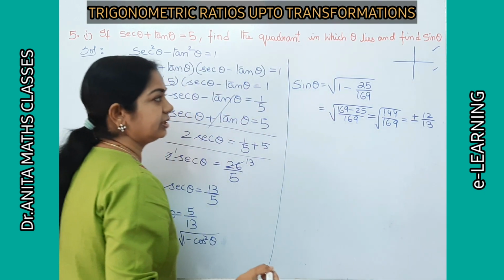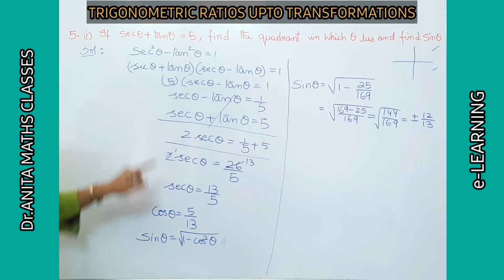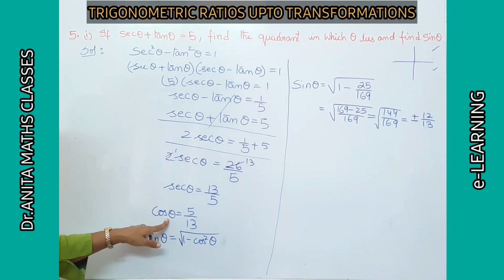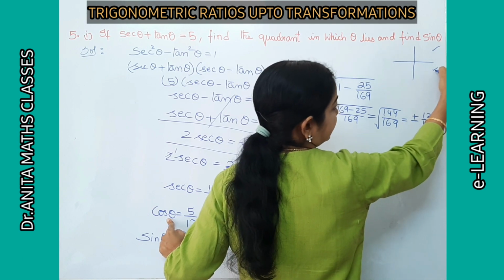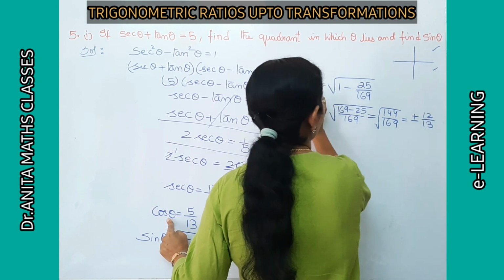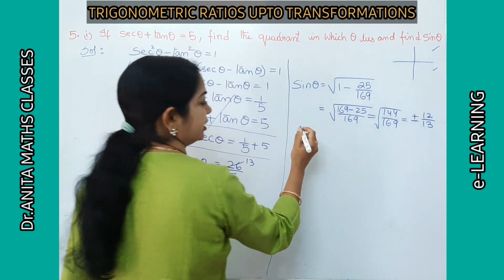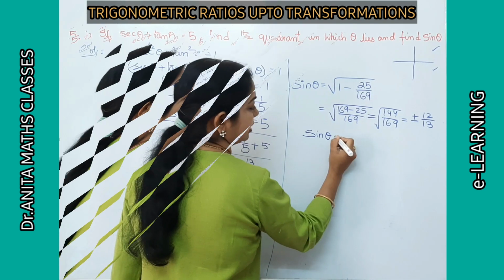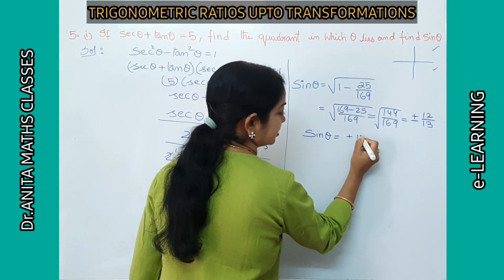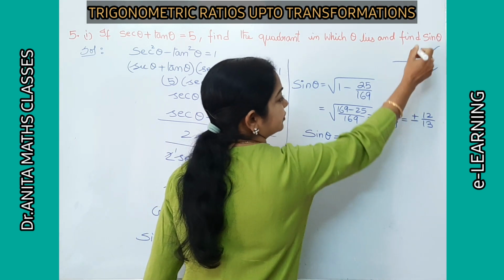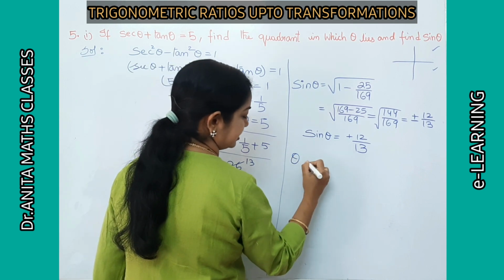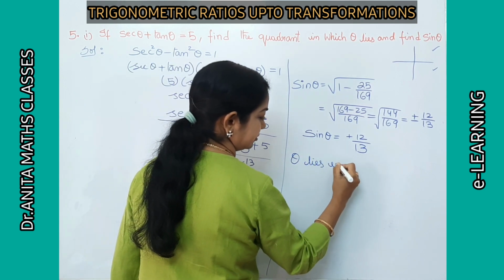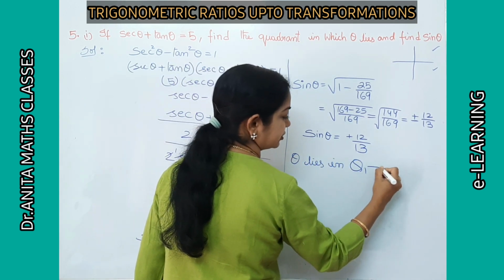Now cos theta is positive in the first and fourth quadrants. In the fourth quadrant, the sin value is negative. So here I take the sin value as positive, because in the first quadrant all are positive. That means theta lies in Q1, the first quadrant.